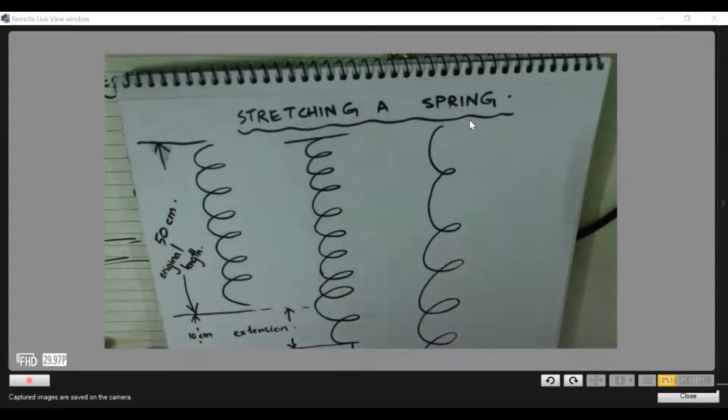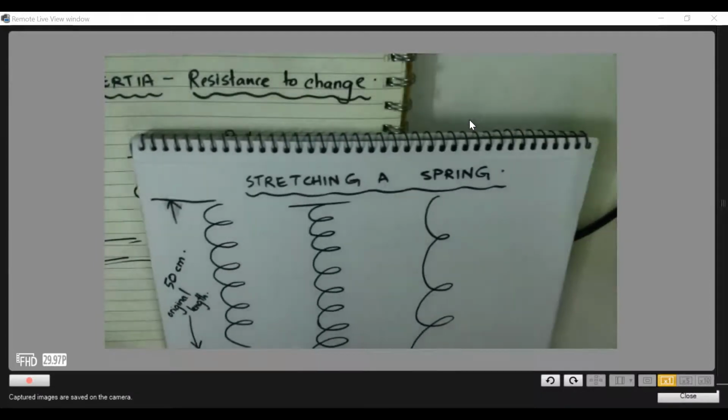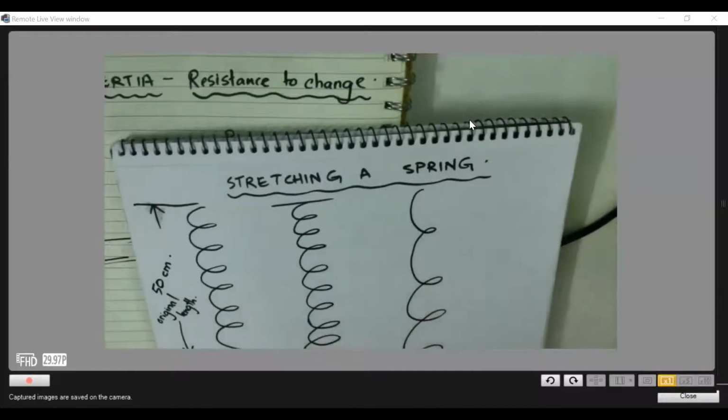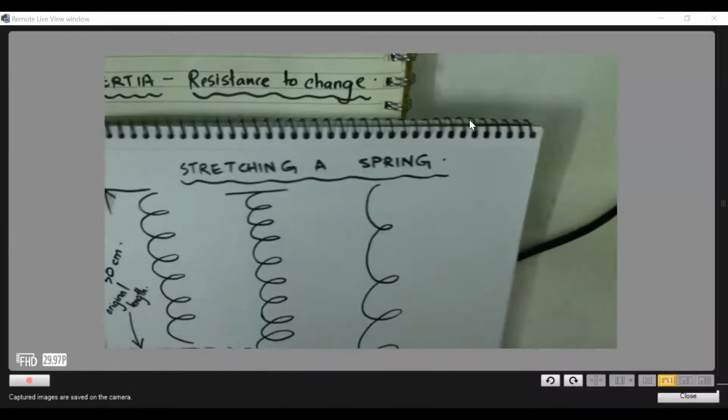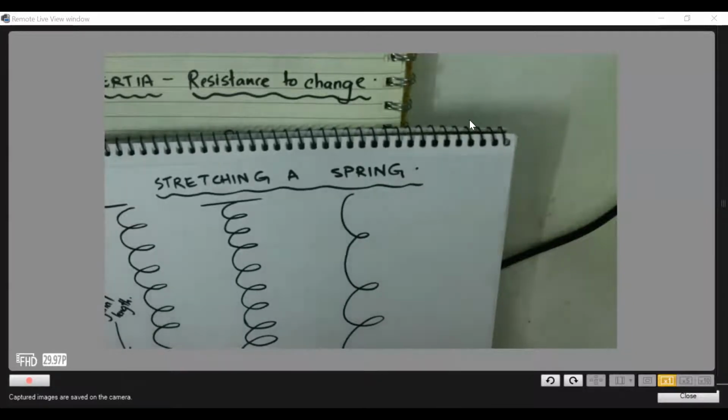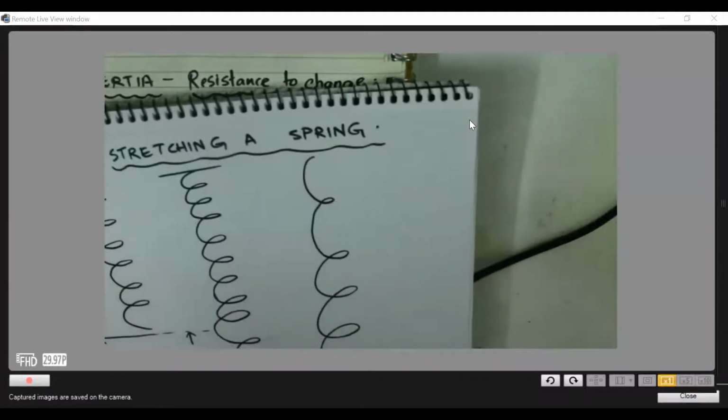Teacher, extension is directly proportional to a stretching force. Yes, but my question is, what is extension? Teacher, it is like extension. You guys don't know? Teacher, an increase in size. Very good. Yes, extension is increase in size.